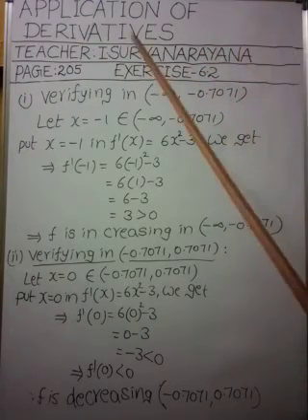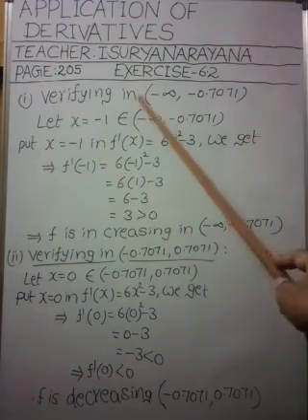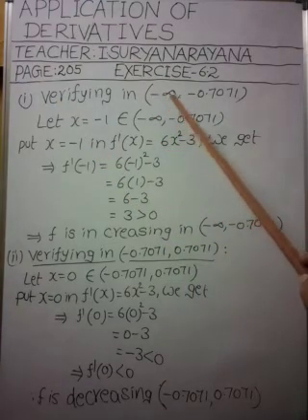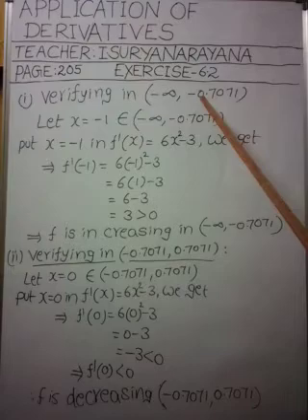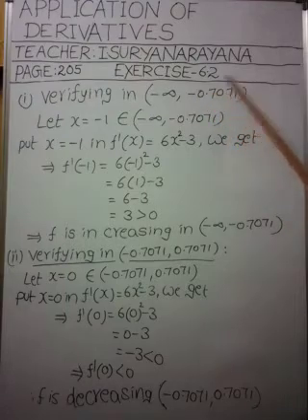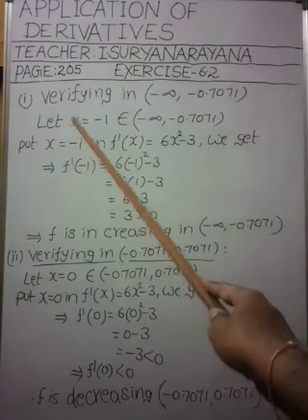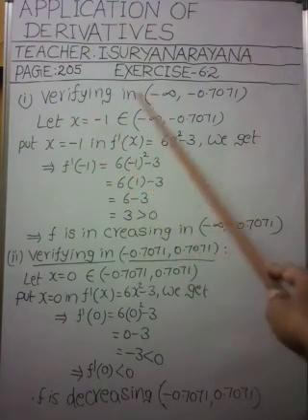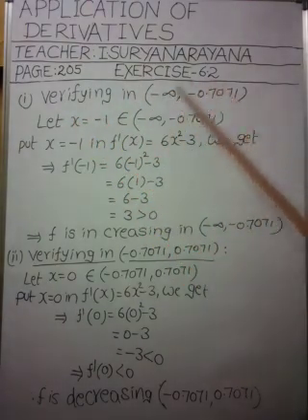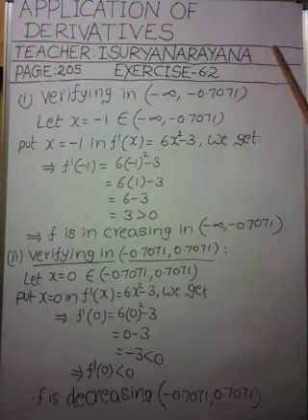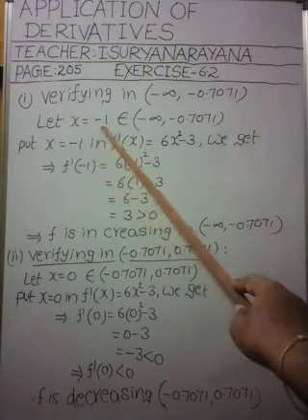See here, verifying in the interval minus infinity comma minus 0.7071. In this open interval we can choose any number as per our convenience. So I have chosen x is equal to minus 1.